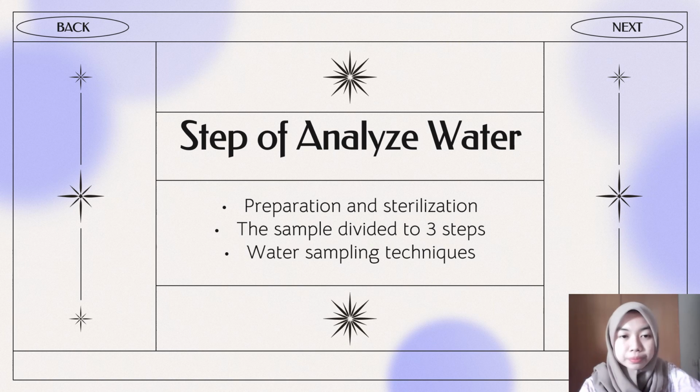Okay, so the steps of analyzing water. The first is preparation and sterilization. What is the meaning of preparation and sterilization? Several types of bottle used for sampling are glass, plastic, and aluminum-containing bottles, which are suitable.